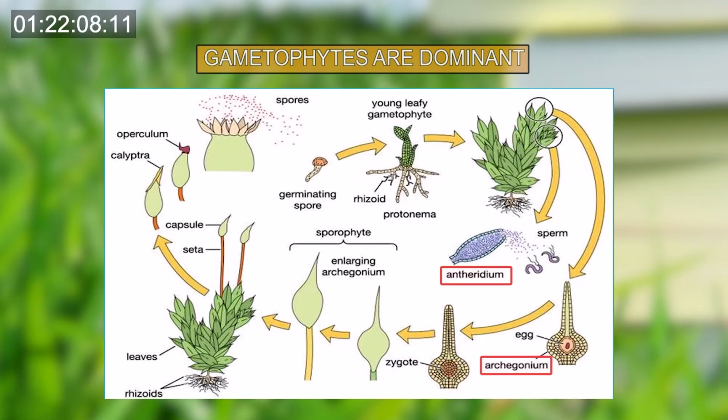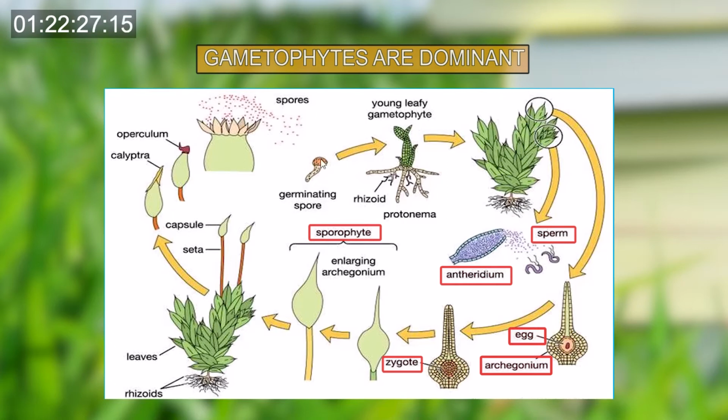From these antheridia and archegonia arise the sperms and the egg, which fuse together to form the zygote. From this zygote rises the sporophytic generation, and in turn it produces the spores.